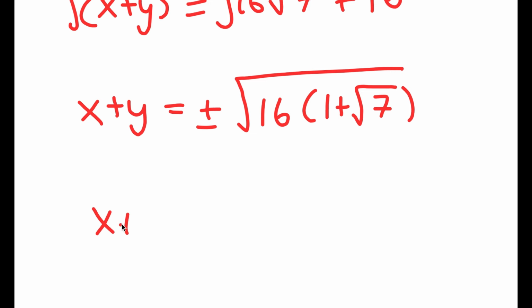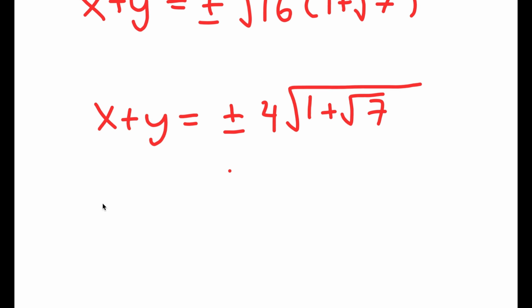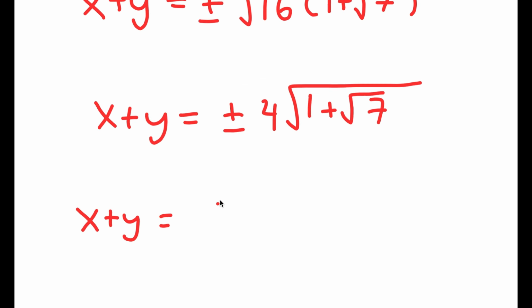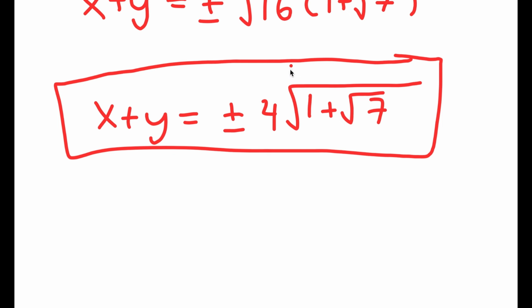And this is equal to positive or negative 4 times (1 plus square root of 17). So x plus y is equal to positive or negative 4 times (1 plus square root of 17). This is my solution.